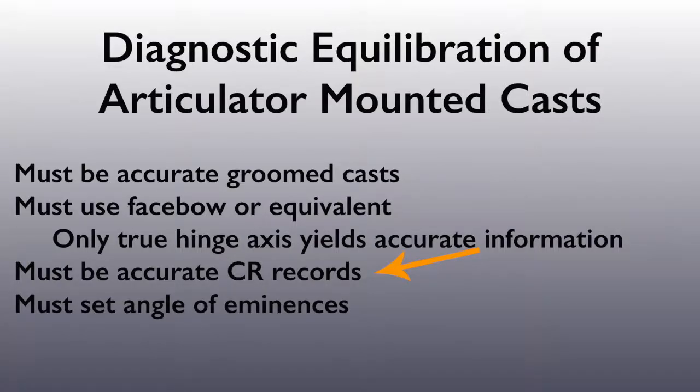Techniques for obtaining and recording centric relation were discussed in the previous Part 3 video. One must take a protrusive record and set the angle of the eminences in the articulator in order to accurately visualize what the difference is between MI and CR.